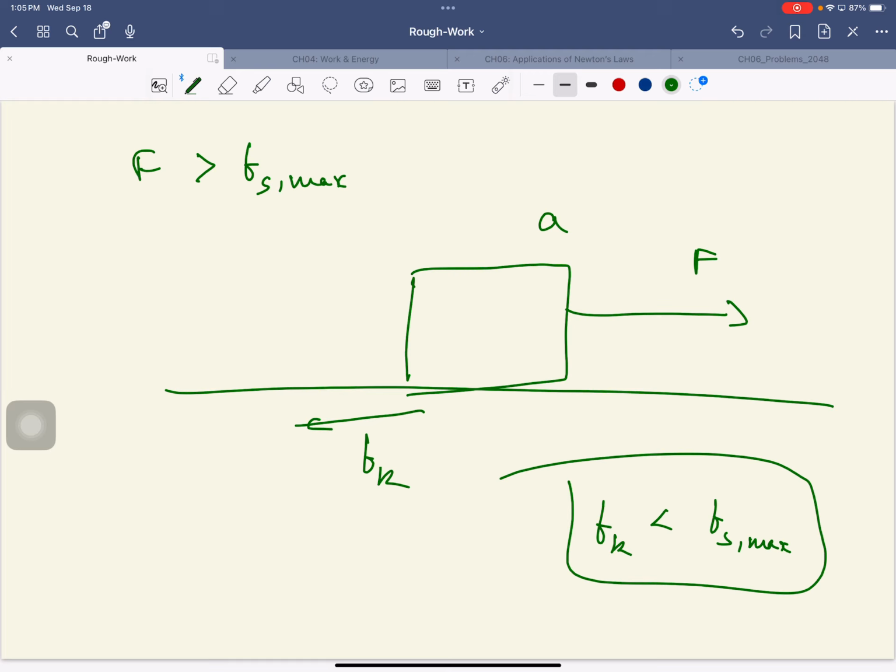Once the object starts accelerating, it'll keep accelerating if you maintain that force. Once you break loose, the temporary bonds aren't holding on as strongly, essentially.